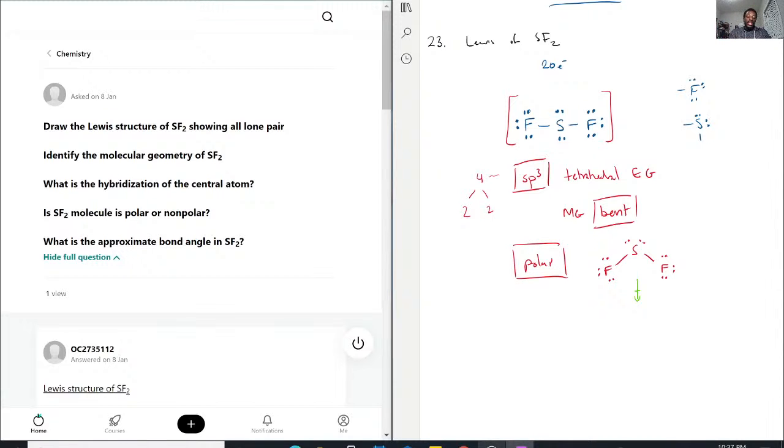And now for the last question, it's asking us what is the approximate bond angle of SF2? This is where the lone pairs on the sulfur come into play, because just like with oxygen, tetrahedrals have a perfect bond angle of 109.5 degrees, okay? That is when everything is around the same, like think of methane, CH4.